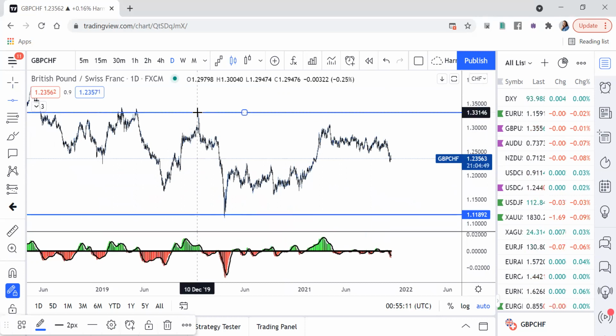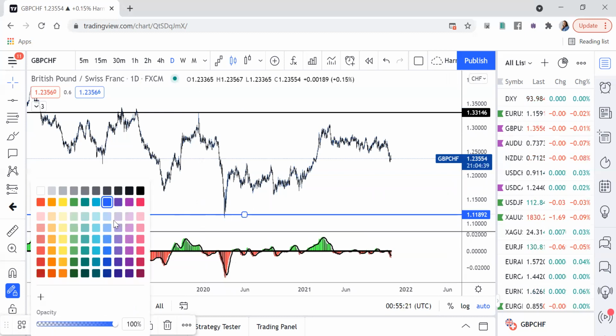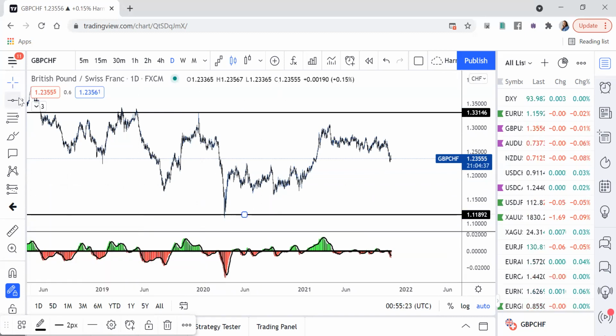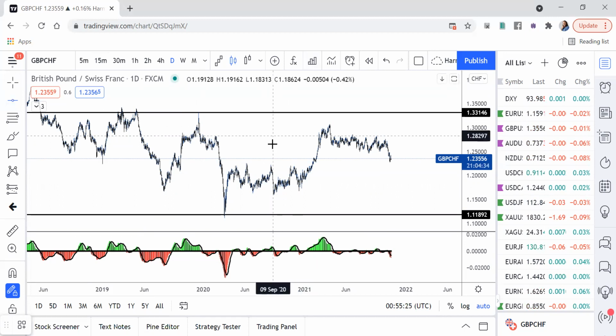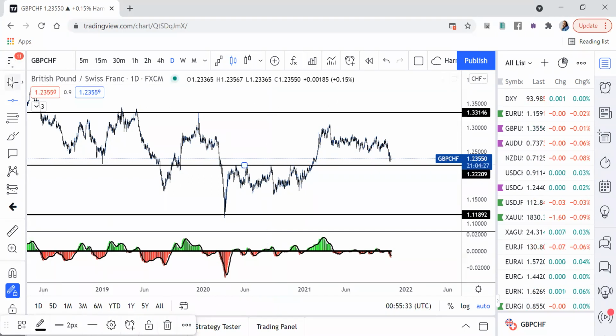We have a daily high up here. I also have a daily high in between here. Okay, so we have our daily structure.